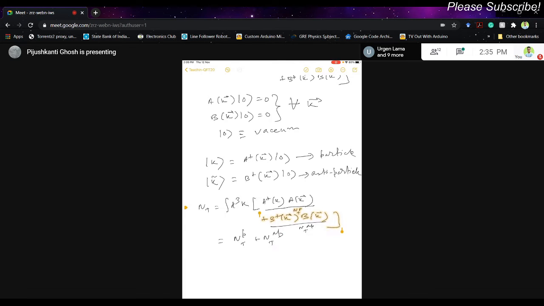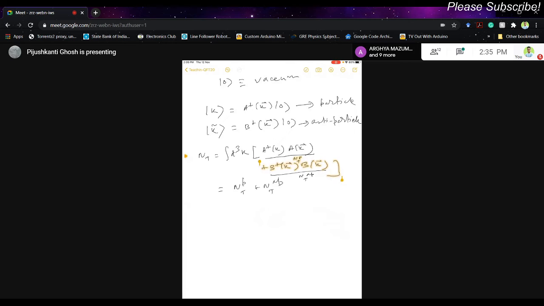Say, for example, we have already defined k tilde as B dagger acting on the vacuum. Now, how many particles are there in this state?